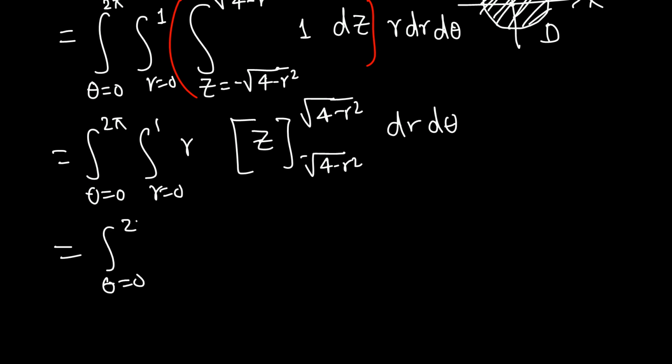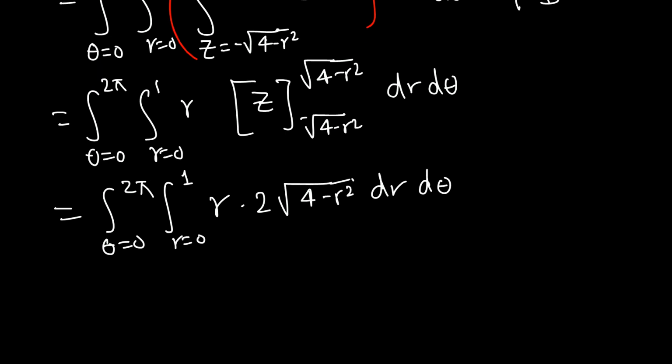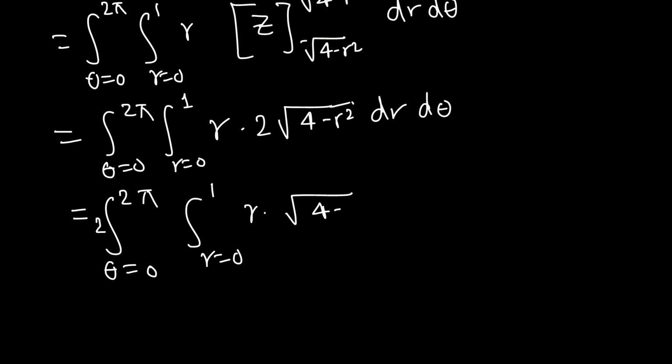Theta from 0 to 2 pi, r from 0 to 1, upper limit minus lower limit, this one minus negative, so basically this plus this, two copies of the square root of 4 minus r squared, with dr d theta. Now we need to integrate this. Here theta is from 0 to 2 pi. This 2 we can pull all the way outside. That leaves the integral from 0 to 1 of r times the square root of 4 minus r squared dr, inside the d theta.